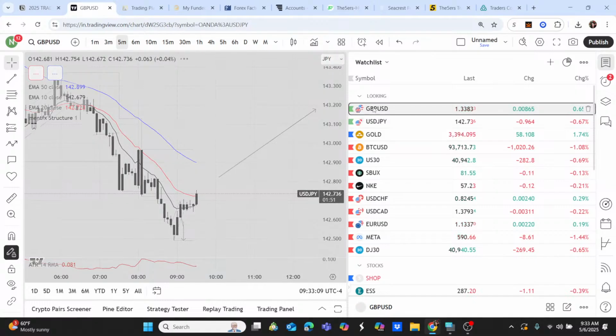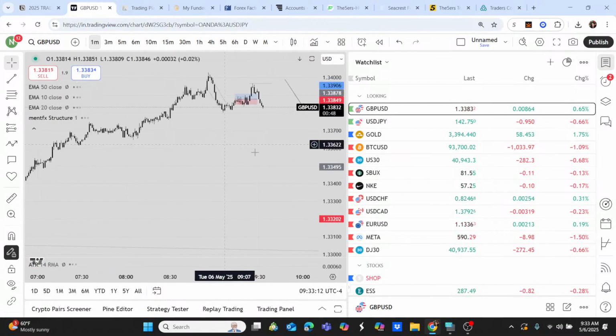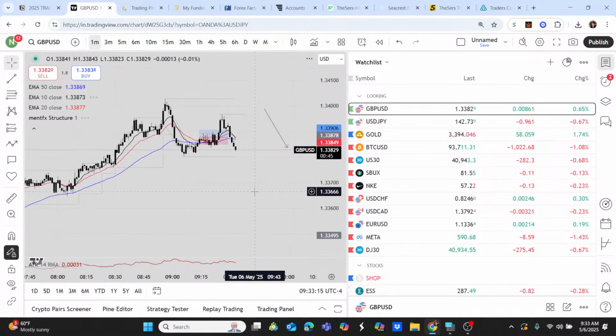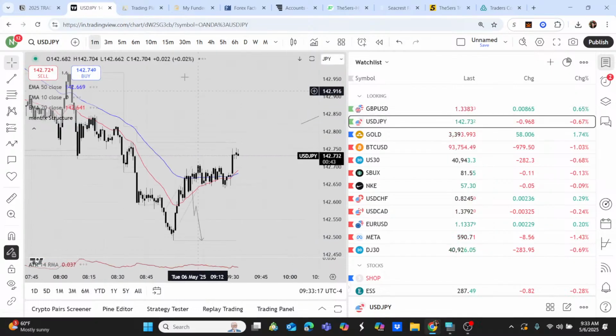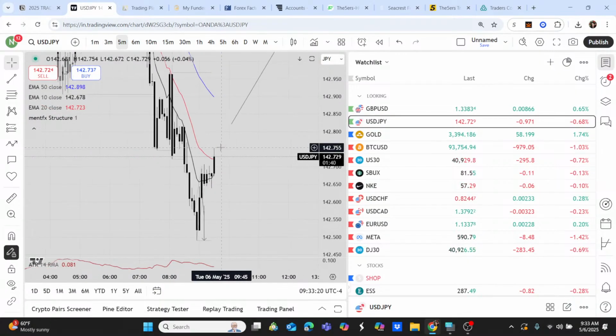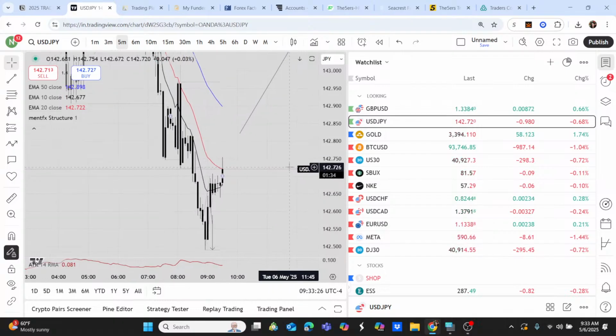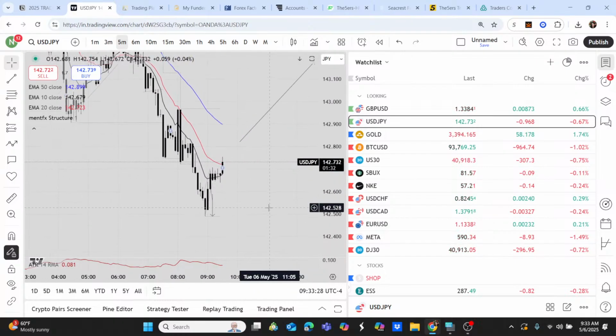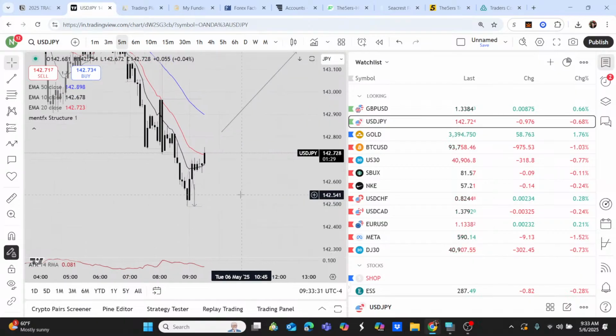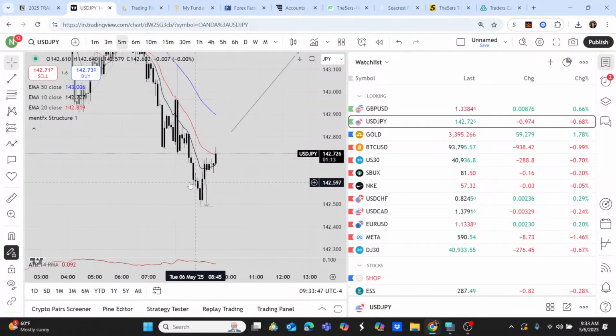Looks like out of all of this, the one that could set up first would probably be USD JPY. So it's all about just waiting for it.